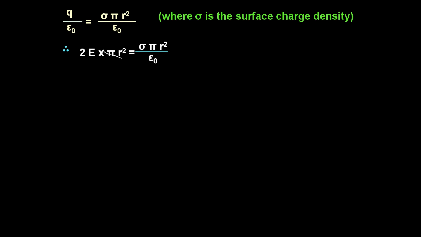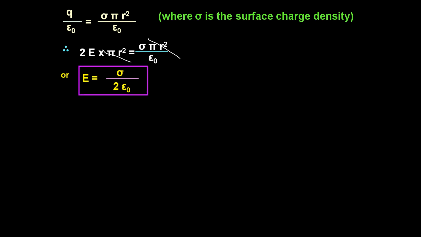So here this pi r square and pi r square can be cancelled. You will get the equation for electric field as E is equal to sigma divided by 2 epsilon 0. This is the equation for electric field due to a thin plane sheet of charge.